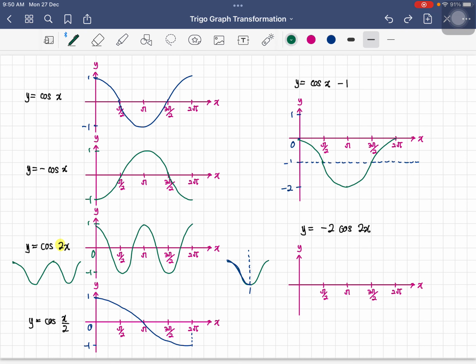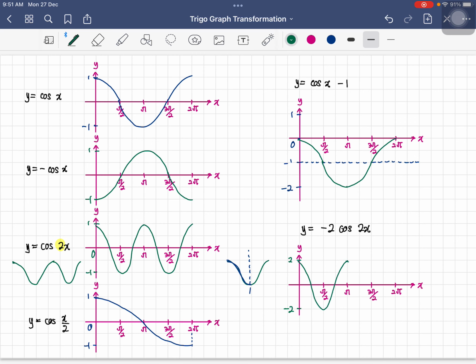Now what about -2 cos of 2x? Maybe you can start with 2 cos of 2x. I'll just sketch the graph for cos of 2x. From 0 until 2 pi you'll have 2 complete cycles, so it will look something like this.